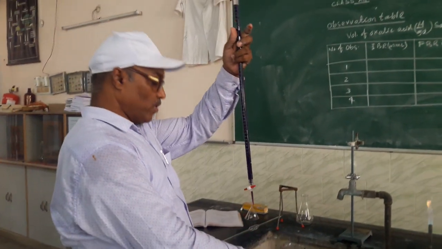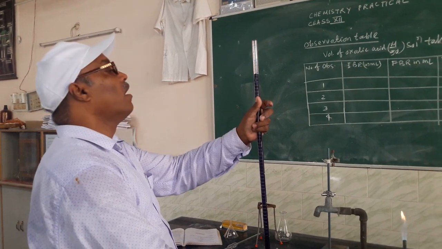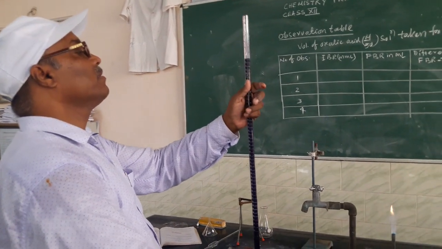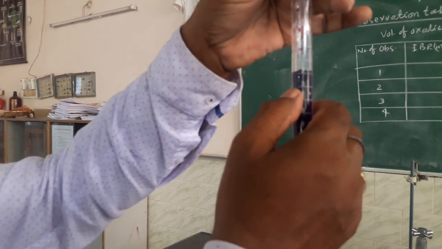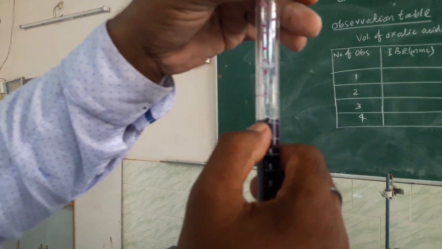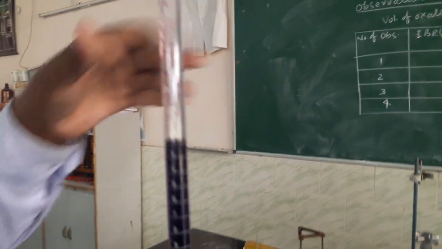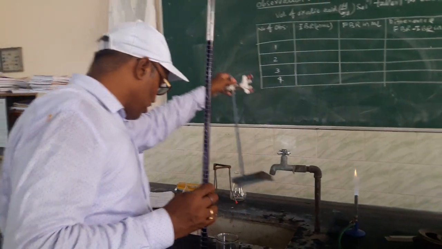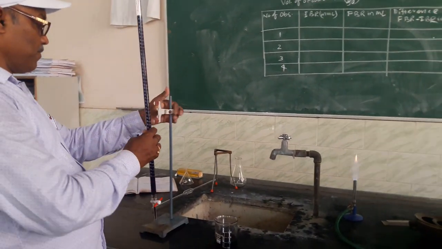This is the initial burette reading. Here it is. For example, the IBR is to be 1.7. Okay, 1.7. The IBR is 1.7. So it is kept in the stand.